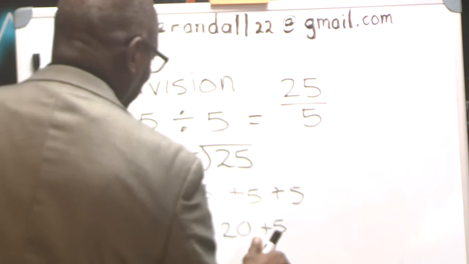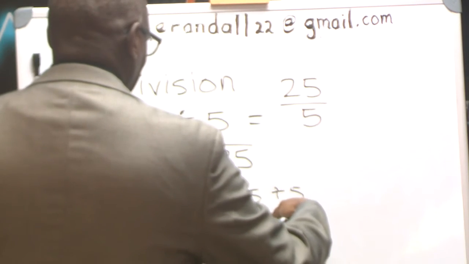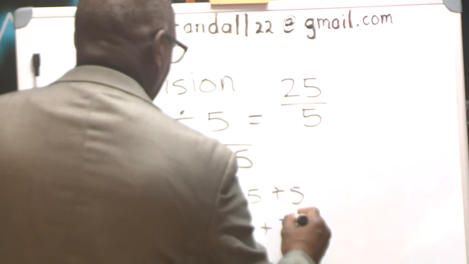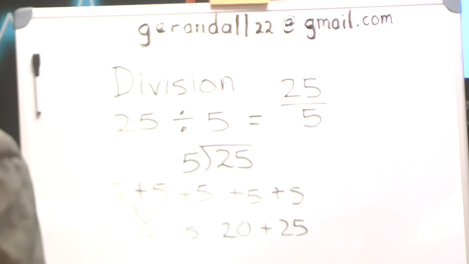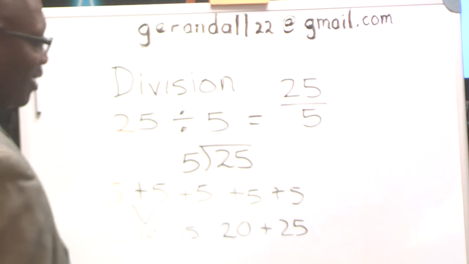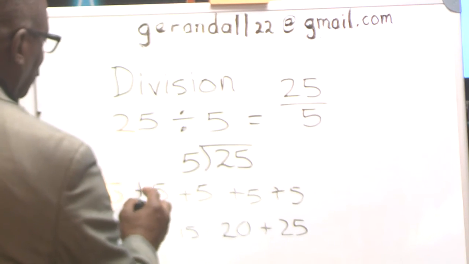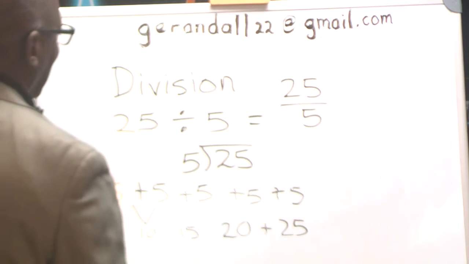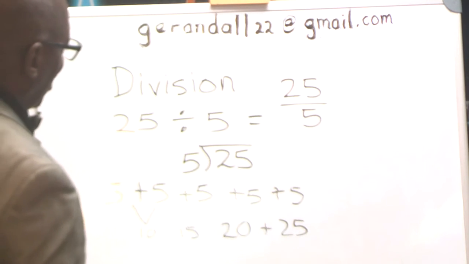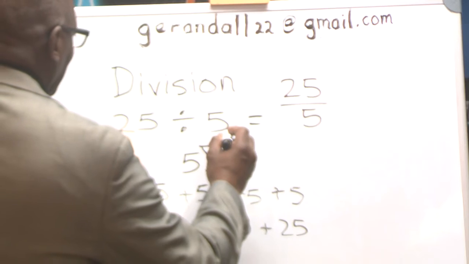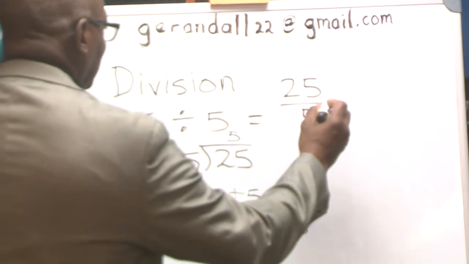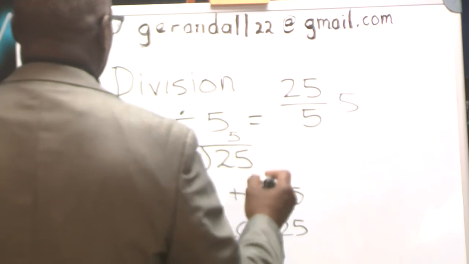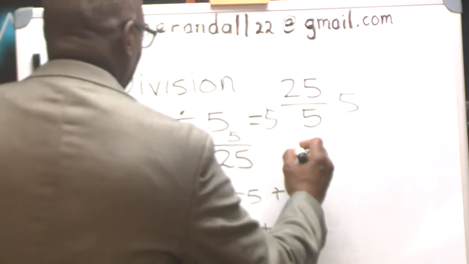Oh, I didn't write 25. I wrote 5. How many 5s did we get out of 25? 1, 2, 3, 4, 5. So our answer to the division problem, 25 divided by 5, is 5.